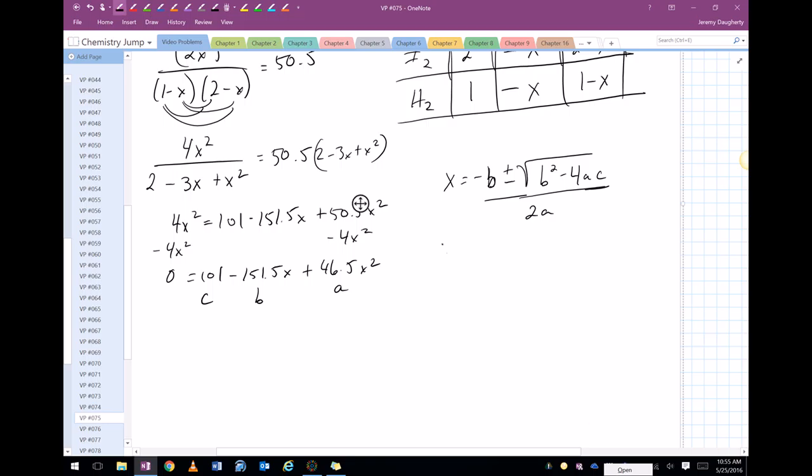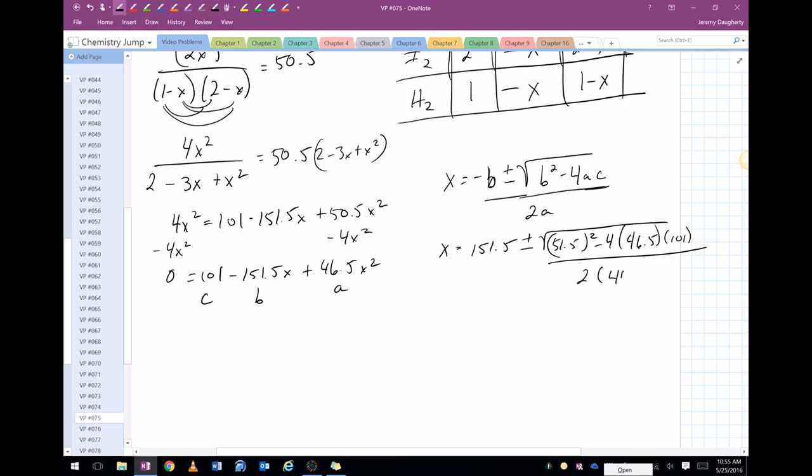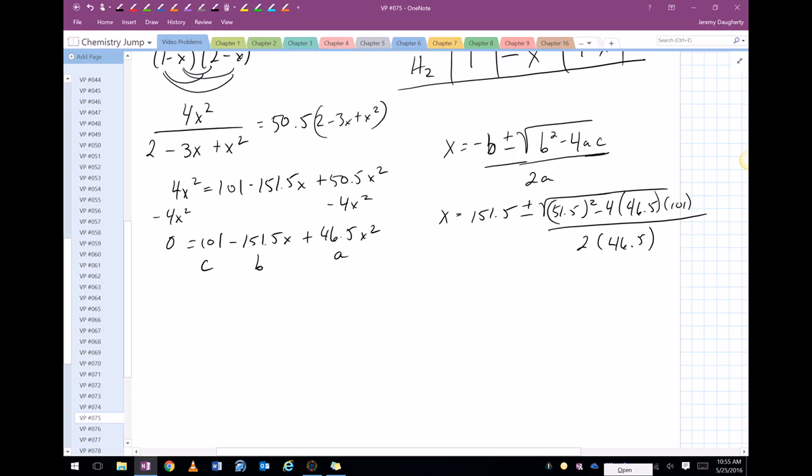So let's plug everything in. x is equal to 151.5 because it's negative, so that becomes positive, plus or minus the square root of 151.5 squared minus 4 times 46.5 times 101, all over 2 times 46.5. So, work through that. You end up with two answers. You end up with x equal to 2.32 or x equal to 0.930.